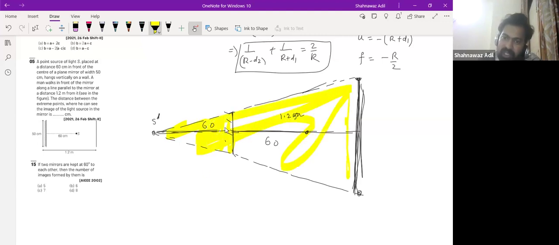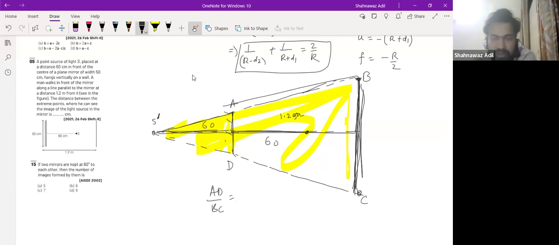Let's say this distance AD and BC. This would be AD by BC equal to whatever this thing is, and you can calculate. Or you can use the similarity of the smaller one and then find the larger ones.